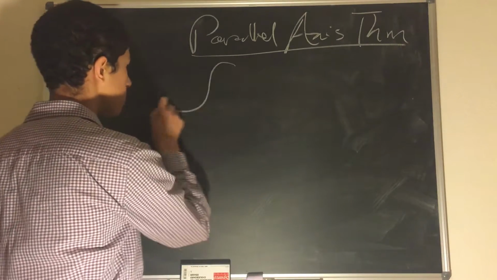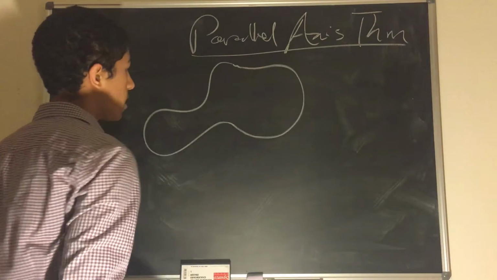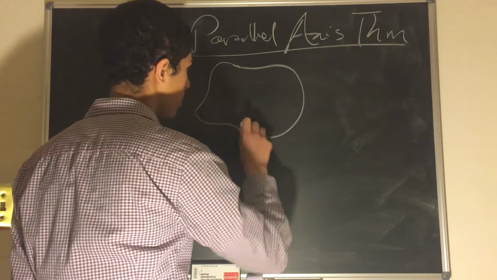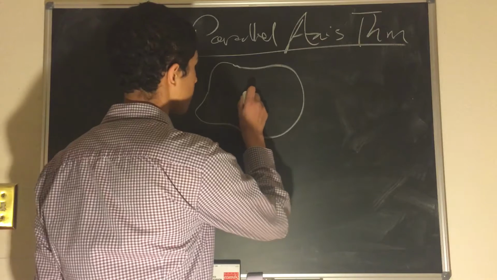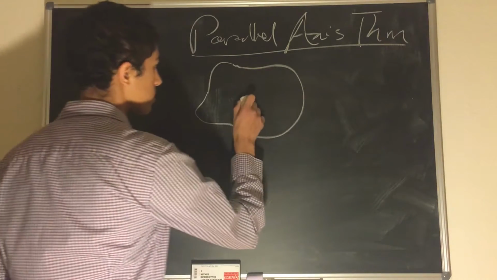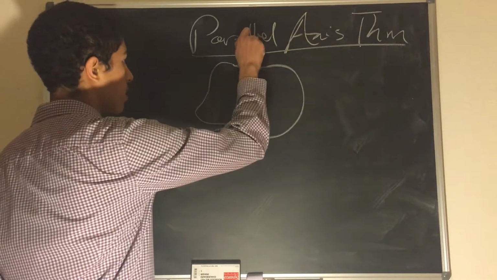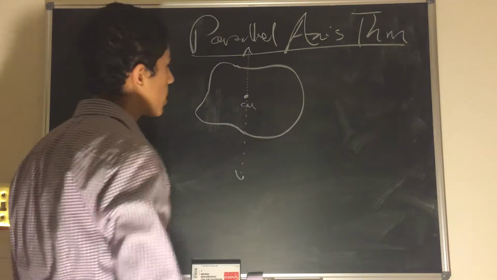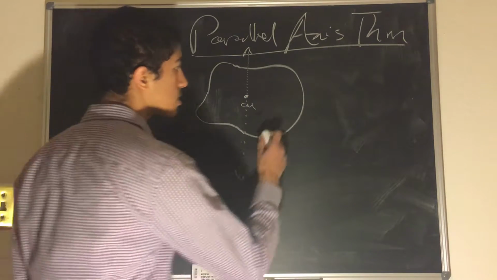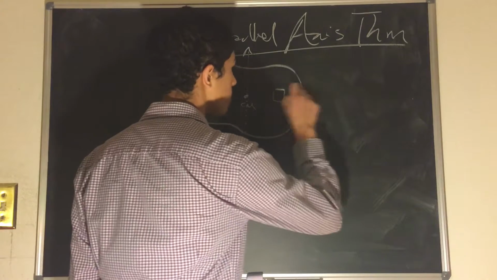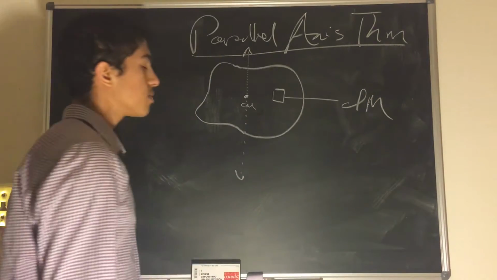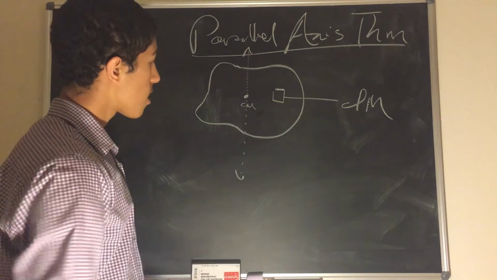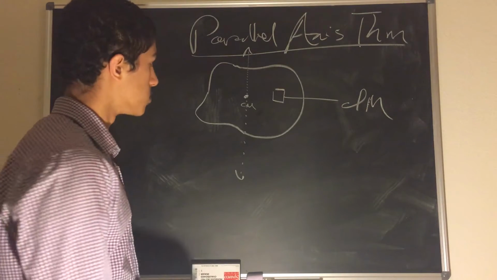We have some rigid body, and that's a bad rigid body. That's better. So let's have our center of mass to be here. That's CM. And we have an axis going through that center of mass, and let's define some dm. What this dm is, is simply a tiny infinitesimal section of our rigid body, and we'll be observing how it moves.